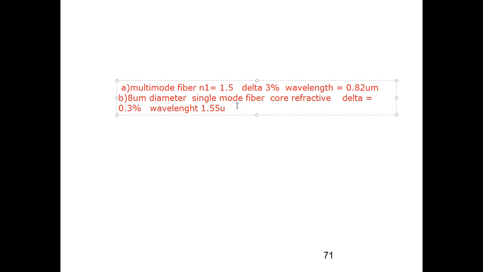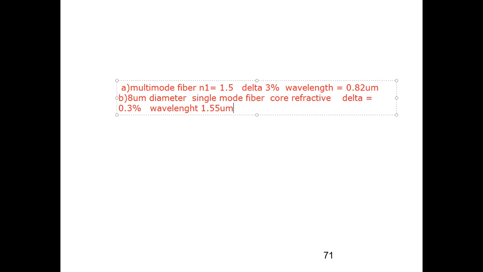The second case is an 8 micrometer core diameter single mode fiber with a core refractive index the same as case A and a relative refractive index difference of 0.3%, operating at a wavelength of 1.5 micrometer.